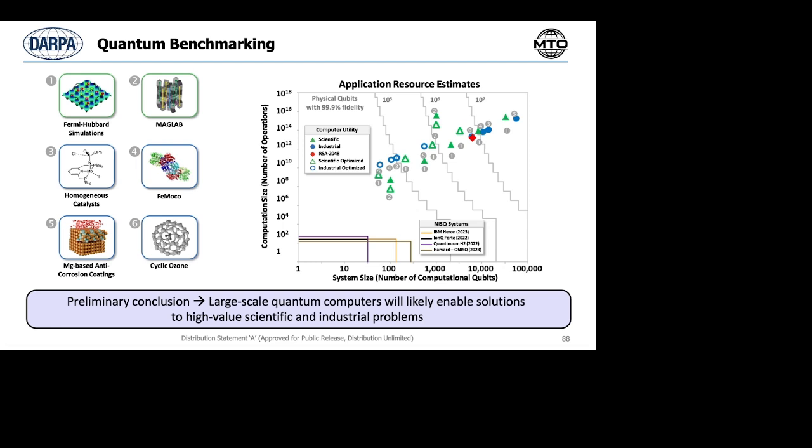Similarly, problems in modeling magnetic behaviors, homogeneous catalysts, materials for thin coatings are seen as early wins, but again, the size of the molecules to be studied are limited by the physical size of today's quantum computers and their internal fixed qubit connectivity. And yet, we are entering into a period where the quantum approach surpasses the classical in physical size of the model for a more refined level of precision.